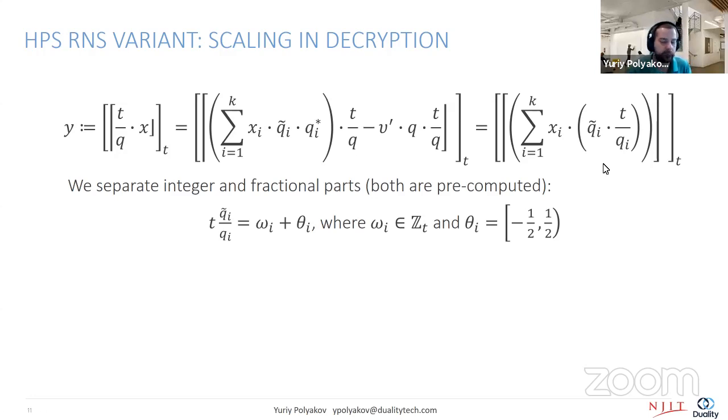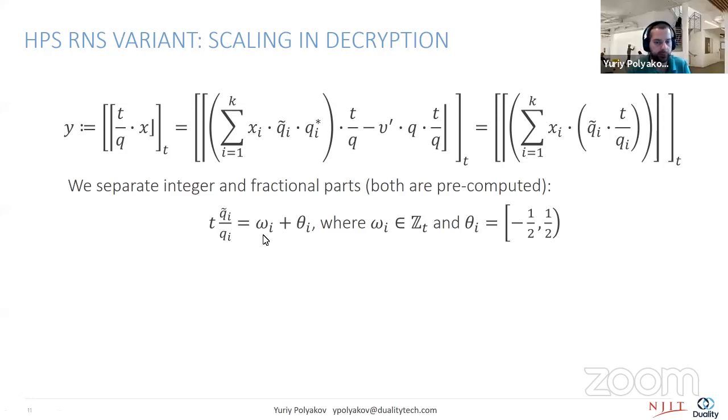And this is where we use the floating point tricks in the decryption operation. We represent the expression in parentheses by splitting it into an integer part and a floating point part. The integer part essentially is the result of the floor division.